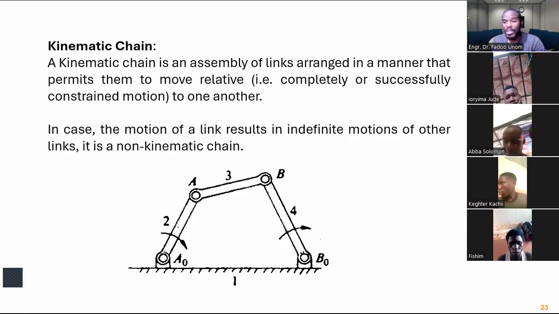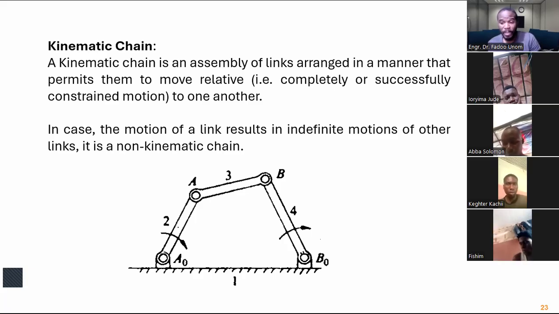We call them non-kinematic chains. Kinematic chains have definite motions, completely or successfully constrained motion. When we move one, we know exactly how the others are going to move.